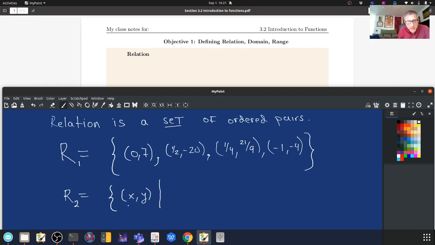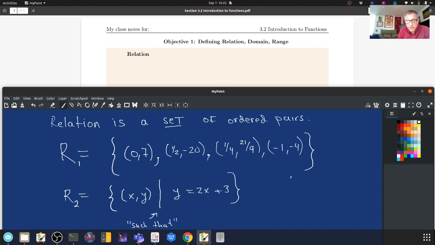R2 is the set of, in this case, we would say ordered pairs, x, y, remember, the vertical bar is read as such that y is equal to 2x plus 3. This is actually going to be a linear equation, and its graph is going to be a line.